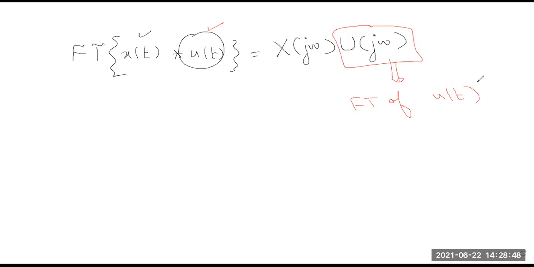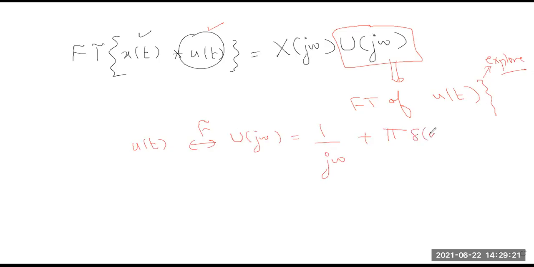I advise you to explore it yourself. I'm writing the direct result: the Fourier transform pair of the unit step signal u of t, which I'm representing with capital U, is equal to 1 over j omega plus pi delta omega.